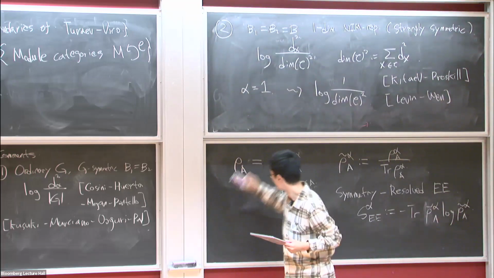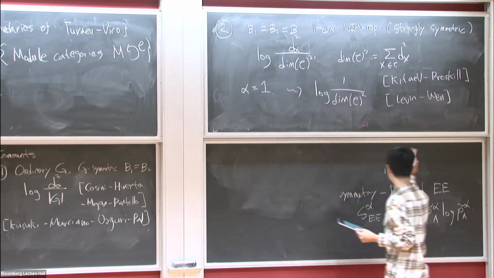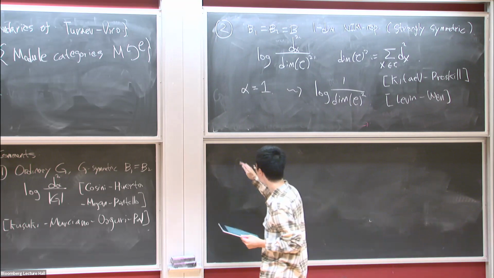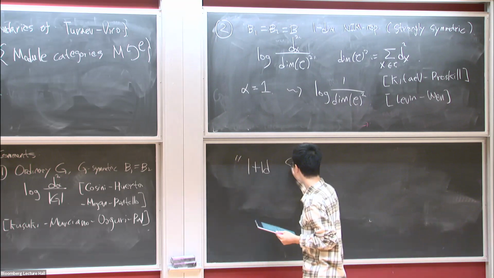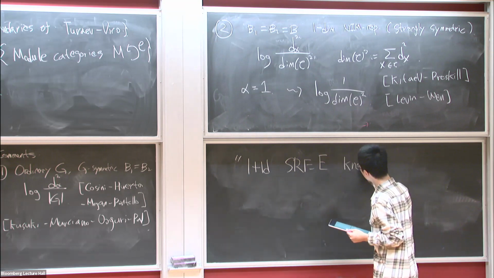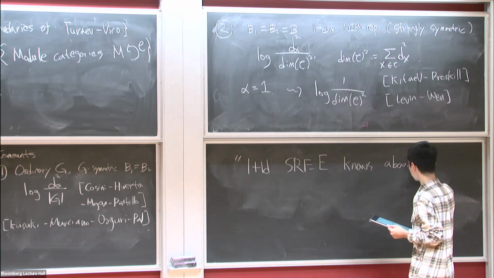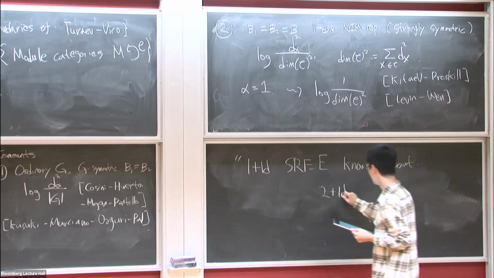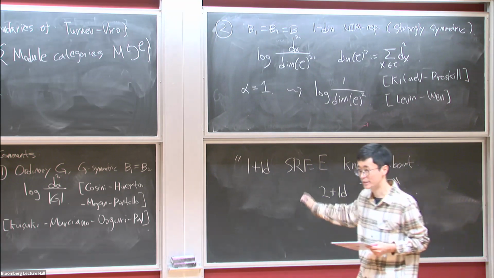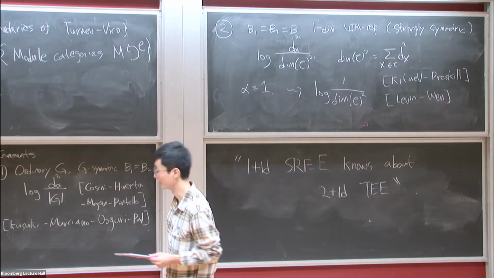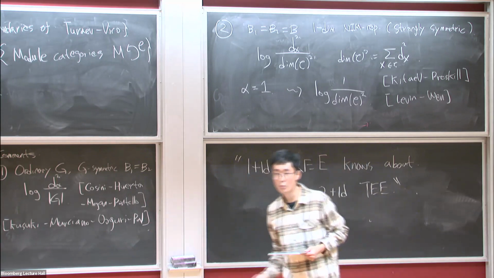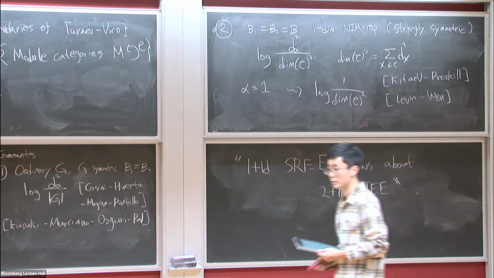We do not know if this is just a coincidence or if there is a deep reason, but we can say that somehow the 1+1D symmetry-resolved entanglement entropy is about the 2+1D topological entanglement entropy. If you wish, this is like a part of the holographic dictionary for this topological holography. So let me stop here, and I'm so sorry for going over time, and thank you for your attention.